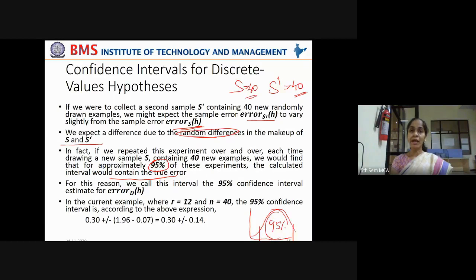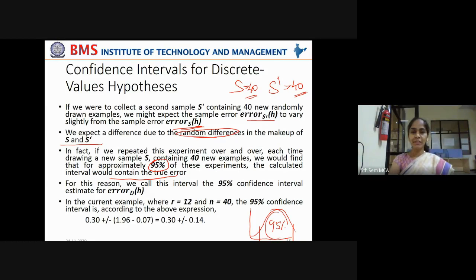We are telling that our machine learning model trained on a particular sample S will perform correctly 95% of the time with the new data instances. Got it?